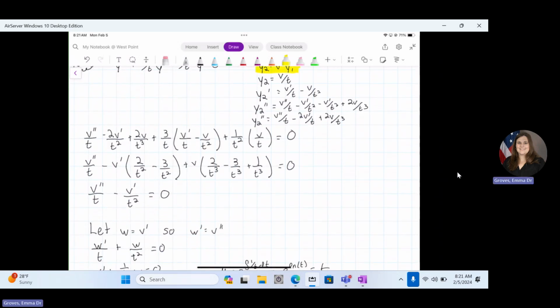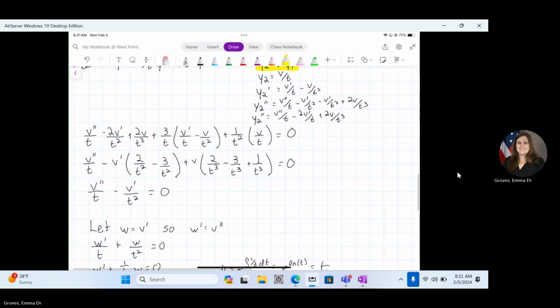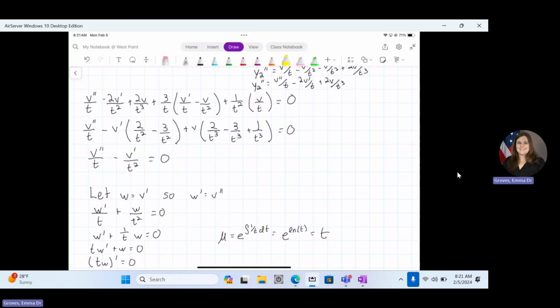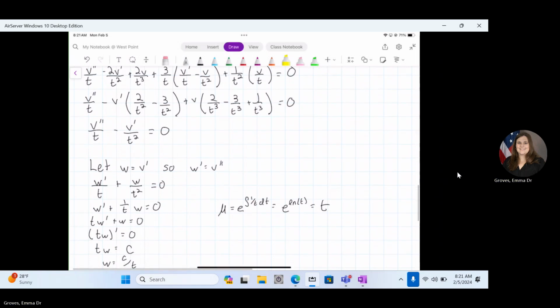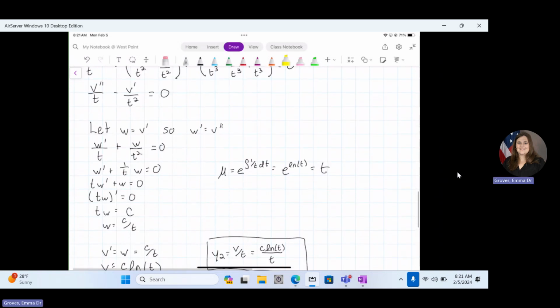And then I substituted everything into my differential equation and simplified down to get this new differential equation to solve. And then the question was, how do I solve this new differential equation? You can solve this new differential equation however you need to solve it.